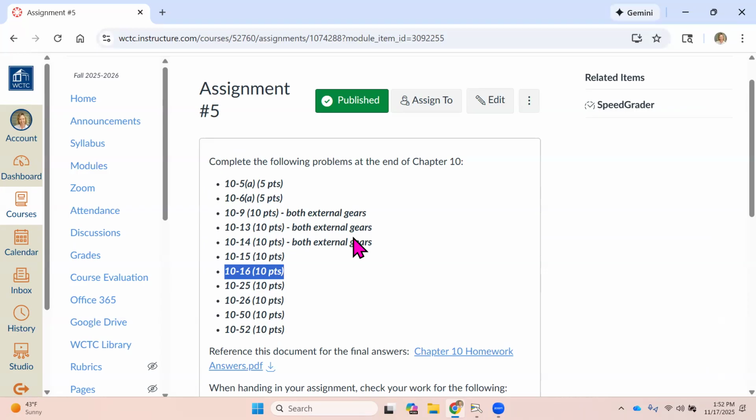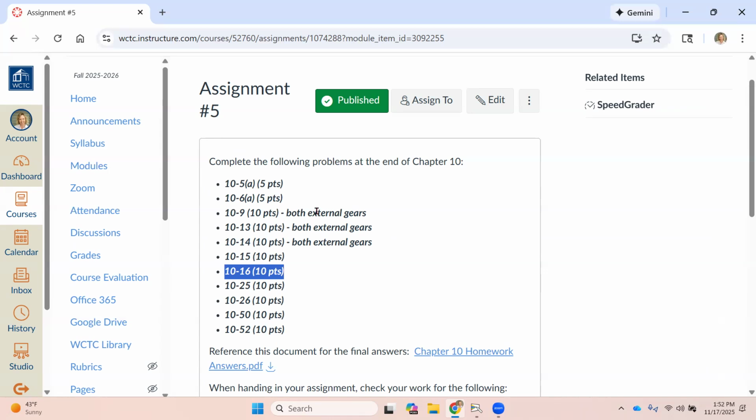I only want you to worry about external gears, okay? So both gears are external, so they're going to be utilizing the equations that we focused on in our lecture today. So let's go to the end of the chapter and just point out what you're going to be doing for these problems.